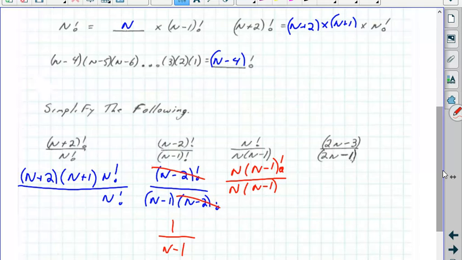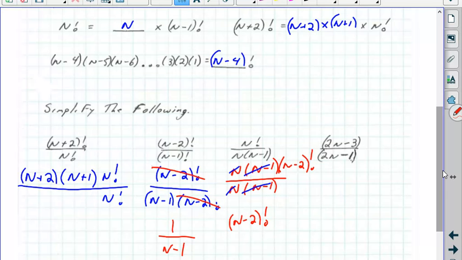I can't cross this off, because this is n minus 1 factorial over n minus 1. I have to go a bit further. I have to go to n minus 2 factorial. Now, the n simplify to 1, the n minus 1 will simplify. We're left with an equivalent expression of n minus 2 factorial.